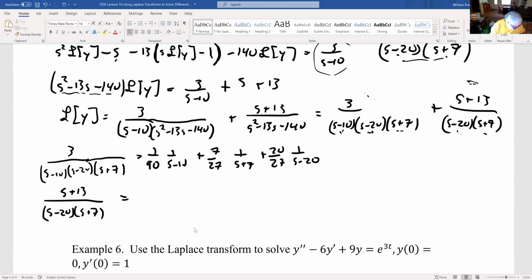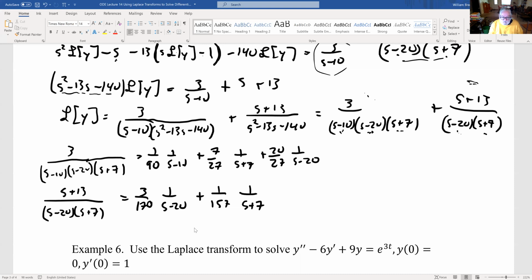What is that going to be? That becomes 3 over 170 times 1 over s minus 20, plus 1 over 157 times 1 over s plus 7. And these numbers are correct as long as I can read my own handwriting.